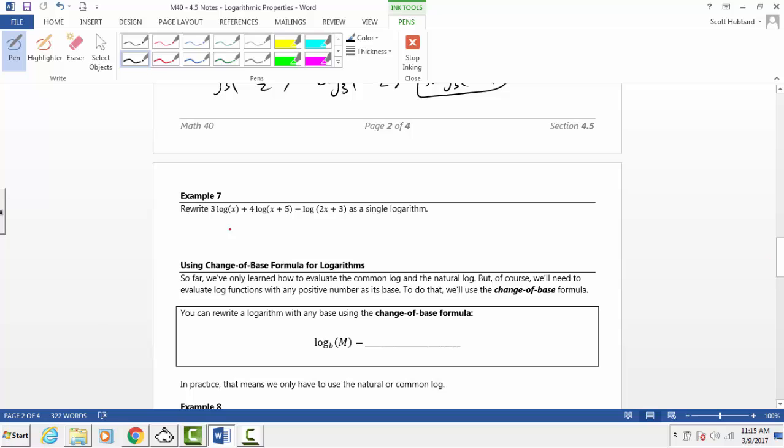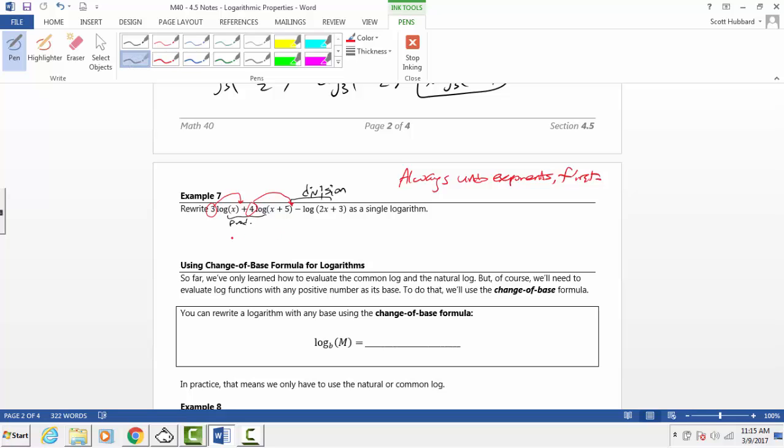Same deal here. This is going to be a product, and this is going to be division or quotient. But before we do any of those, I want to stress, we first have to do the exponent rule. So please remember, always do exponent rule first. Always undo exponents first.